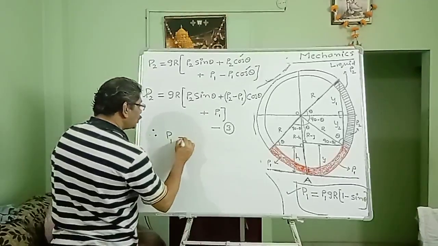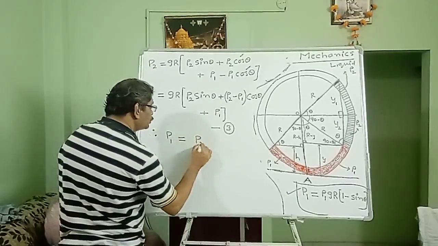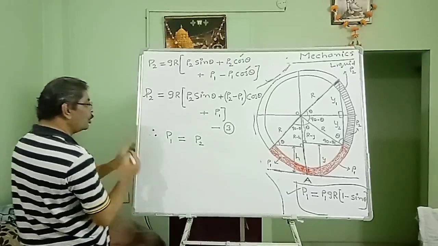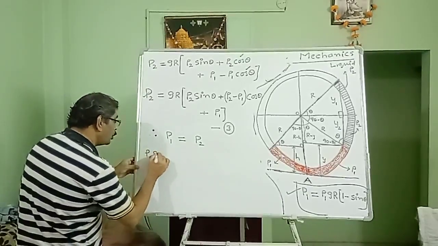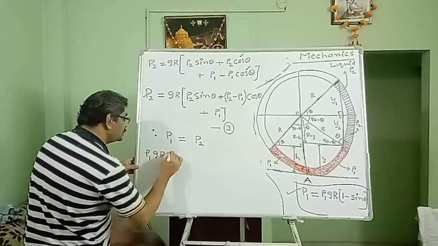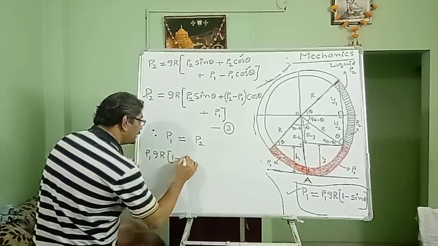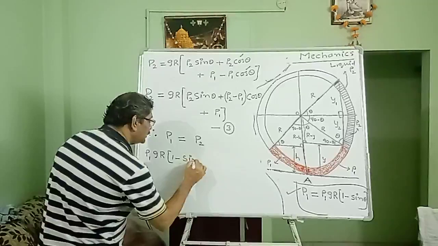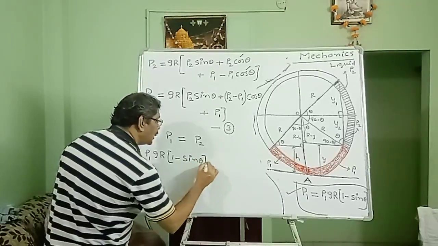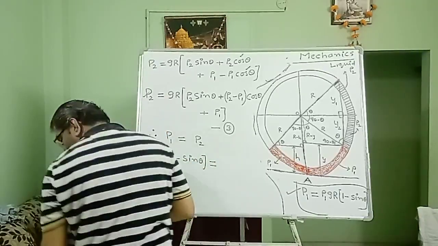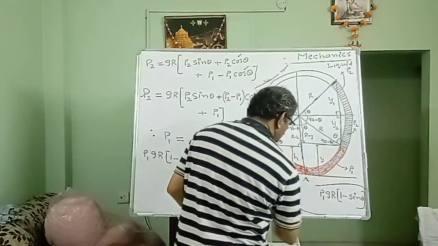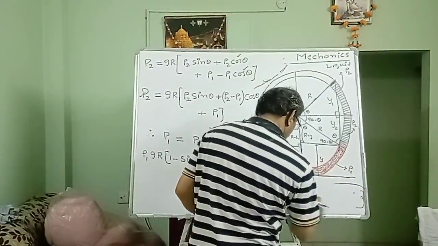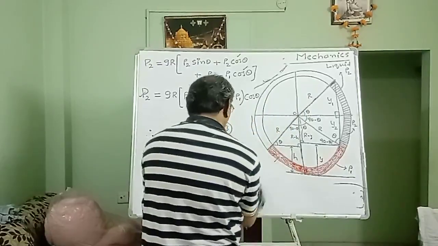So therefore P1 will be numerically equal to P2. Now substitute P1, which we already got. Rho 1 GR multiplied by 1 minus sin theta will be numerically equal to P2, which we already got. Now I can remove this whole thing.